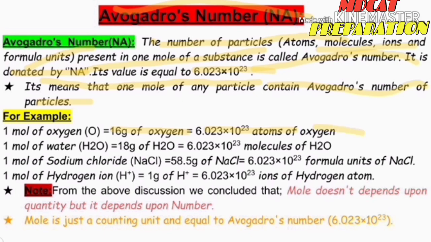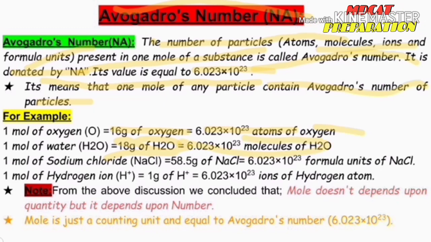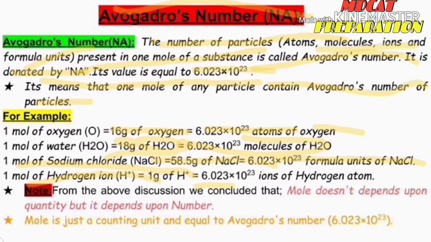Also 1 mole of water contains 18 gram of water and 6.023 into 10 raised to the power 23 molecules of water. 1 mole of sodium chloride contains 58.5 gram of NaCl and 6.023 into 10 raised to the power 23 formula units of sodium chloride. 1 mole of hydrogen ions contains 1 gram of hydrogen ions and 6.023 into 10 raised to the power 23 hydrogen ions.